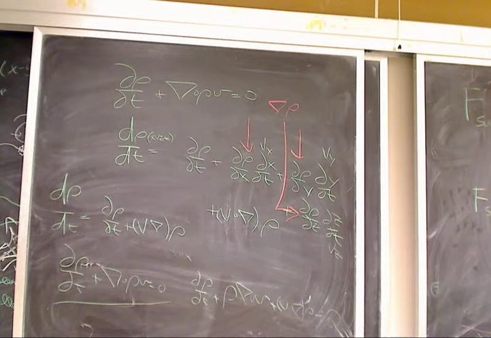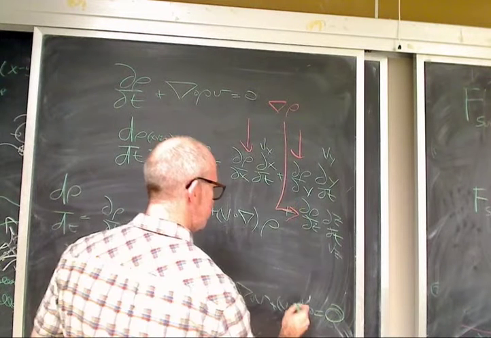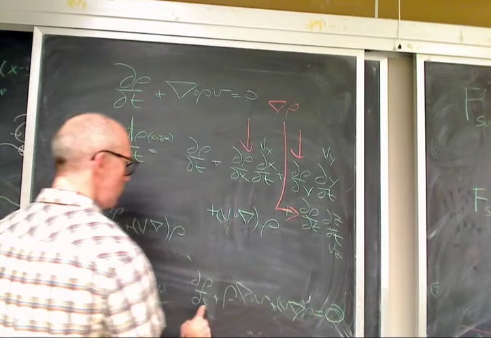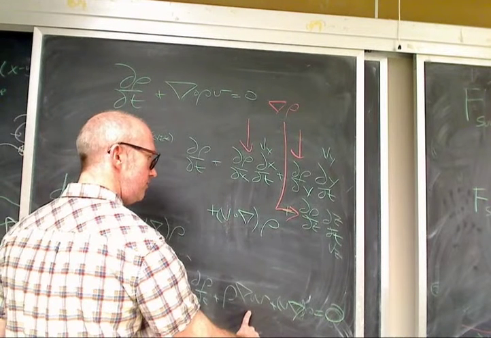Does everybody follow that? Kind of hard to read. Oh yeah, when it gets down to the bottom. So this is v dot grad rho equals 0. So I've got d rho dt, a rho times div v, and a v dot grad rho.